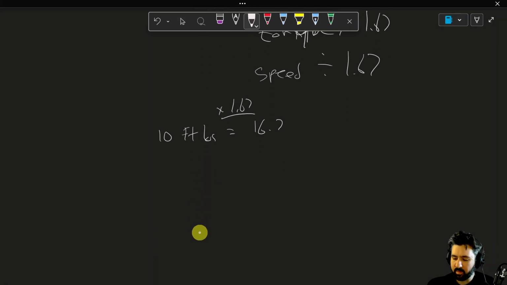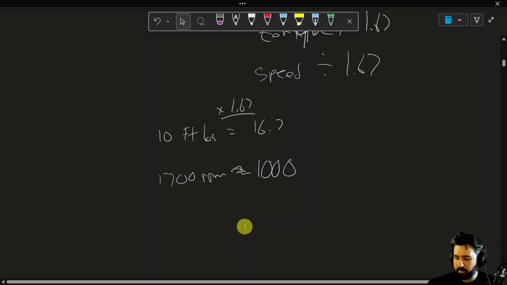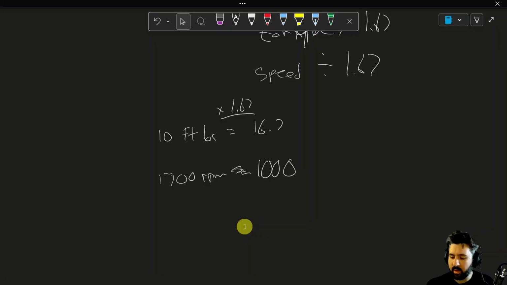If my speed was 1700 RPM, rotations per minute, that would go down to approximately 100, because we're again dividing. Actually, it'd be about 1,000 because we're dividing by 1.67. So that's basically how that's going to work. The force goes up, the speed goes down.